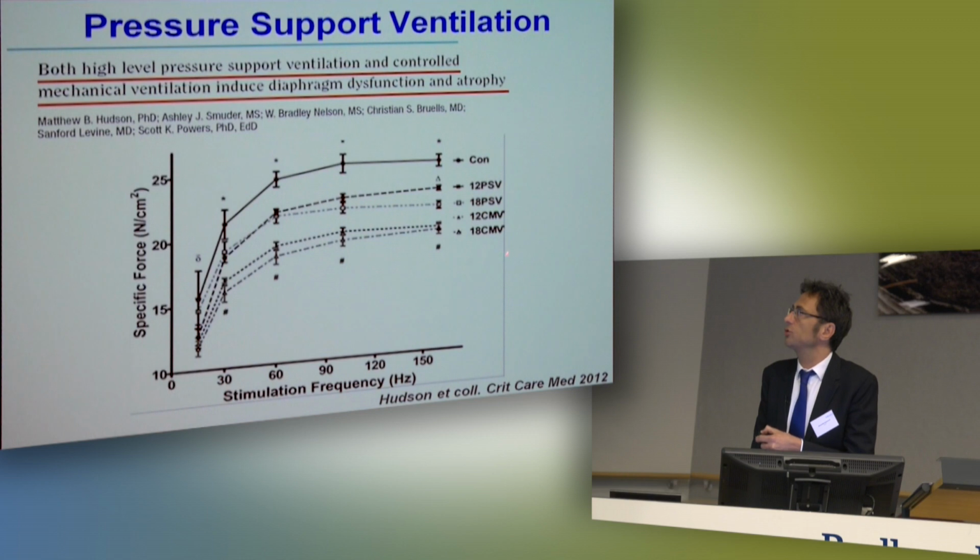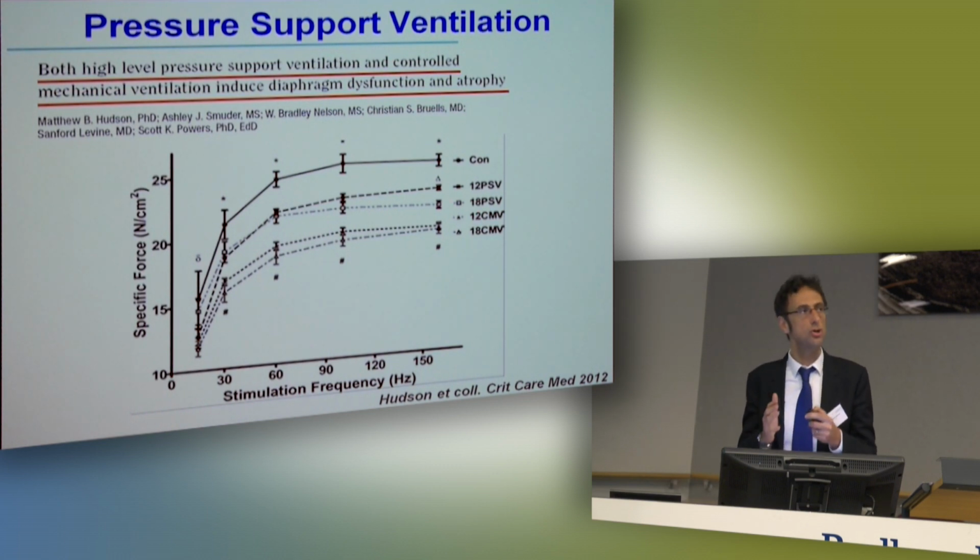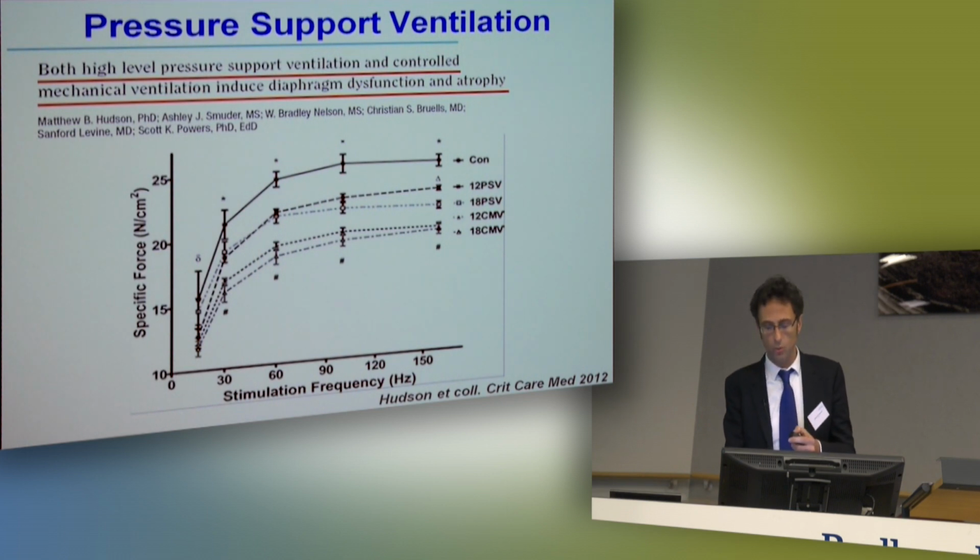We have dysfunction with controlled mechanical ventilation, but there is also dysfunction with pressure support when the level of pressure support is too high. So too much unloading, whatever the mode, will induce some ventilator-induced diaphragm dysfunction.